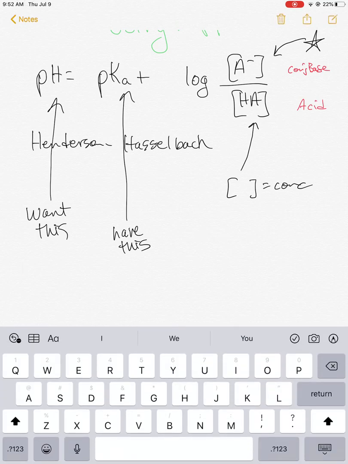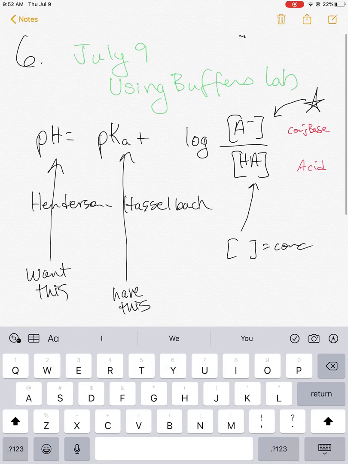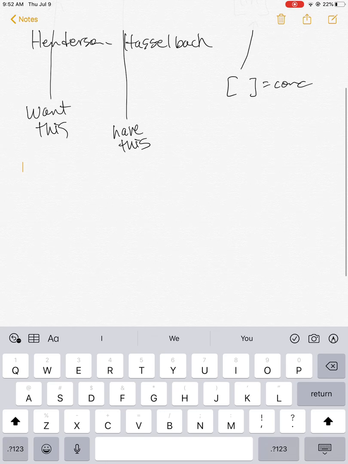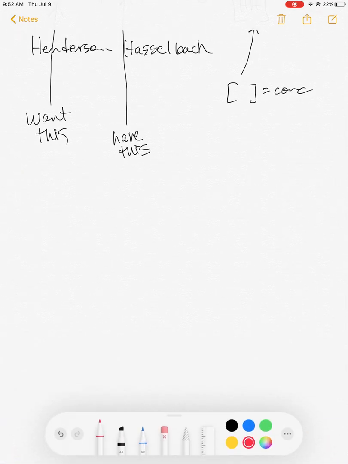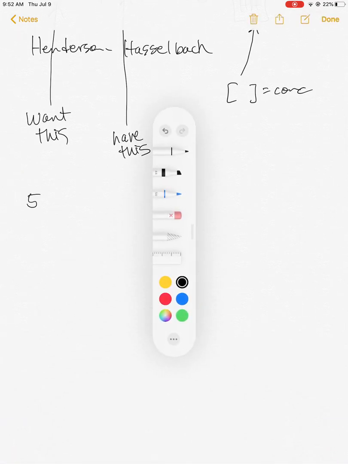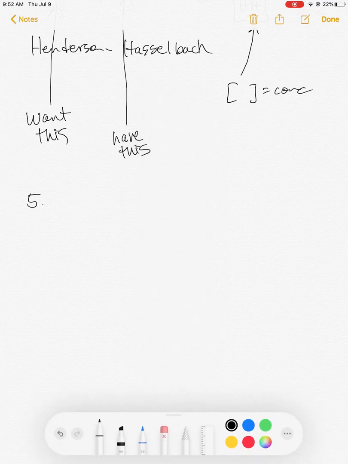So you want to have, you want this, let me get that. So 5.27 is the pH you want. And we know that the pKa that you have is 4.74.